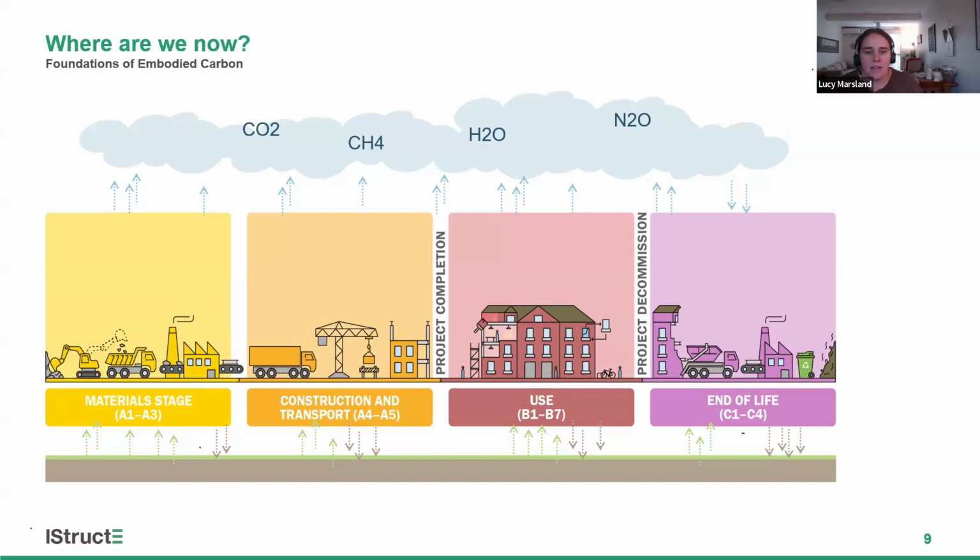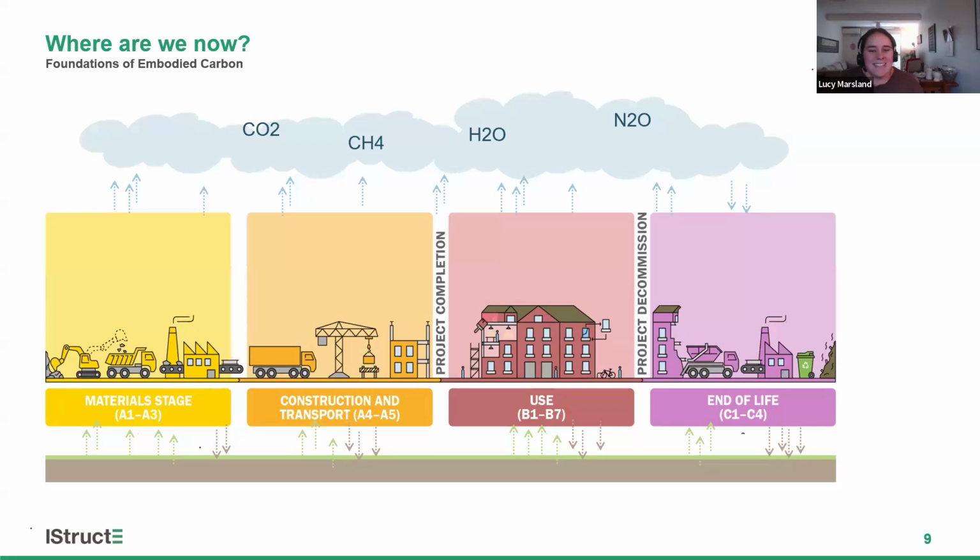And that happens throughout an asset's life, so not just in construction, but also during the use phases and at the end of life. And so when we're imagining these inputs and outputs of the asset as a whole, we are talking about life cycle assessment.